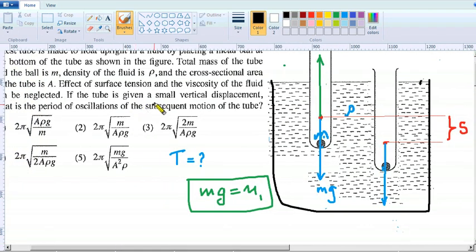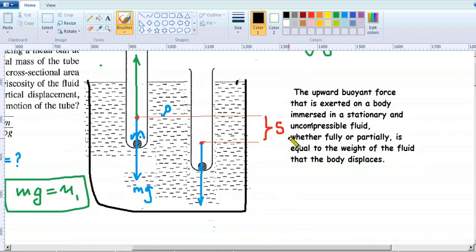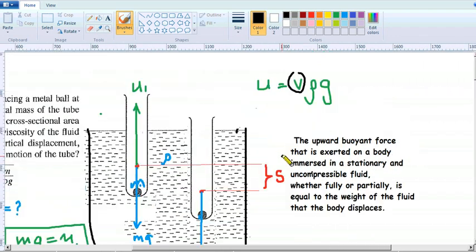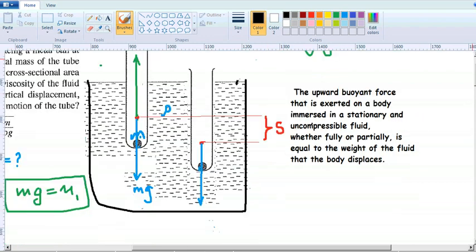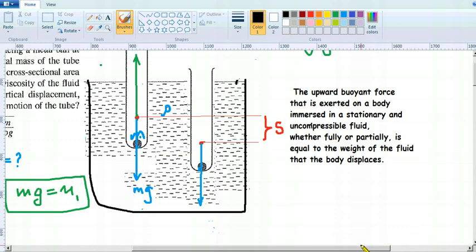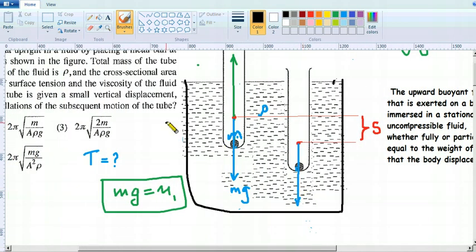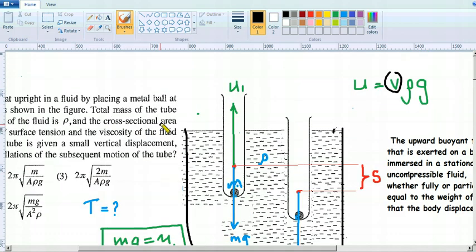If the tube is given a small vertical displacement, the vertical displacement is this. In mechanics, the displacement is this. Not only that, the word they used, displacement, is also wrong here. We should write the change of displacement, because the displacement in mechanics, the symbol S, is measured from a fixed point.